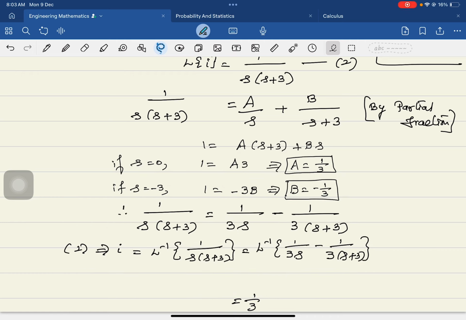Right. Now I write this as 1 over 3 common, and that gives you L inverse of 1 over S minus 1 over S plus 3.